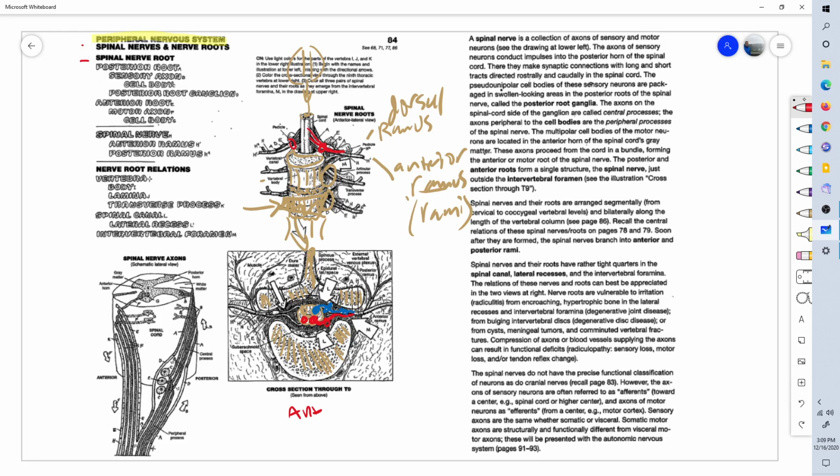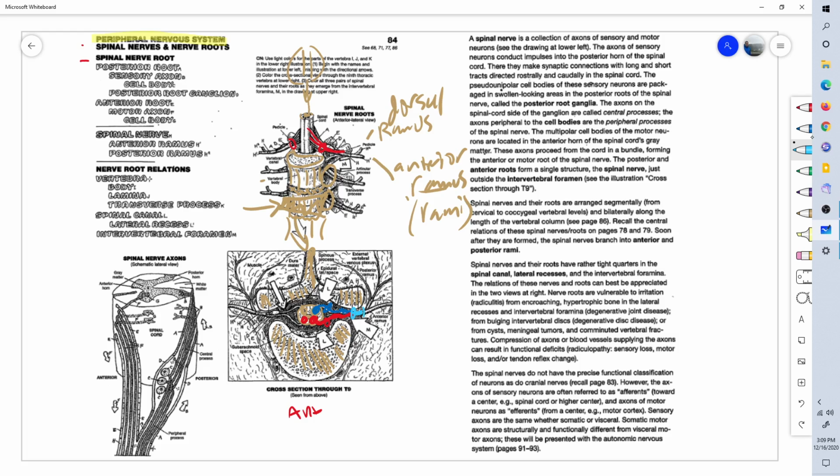From the dorsal horn, the anterior root, and then meets up and joins the posterior root, or the dorsal root, and becomes a new structure right here. This new structure right here is called the spinal nerve. When they both join together, it's called the spinal nerve.